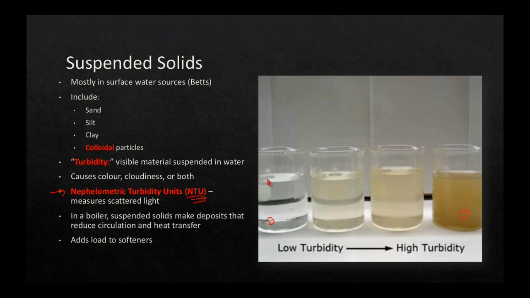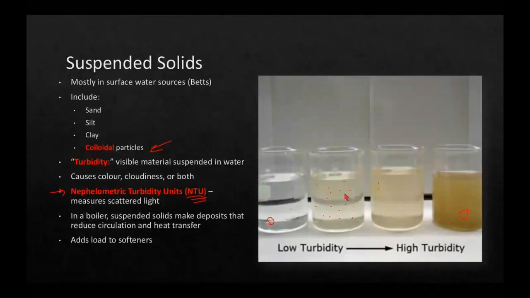So you think, okay, well, look, this stuff here is so fine. This colloidal material that we see dispersed in here that adds the color and the cloud, you think there's very, very little matter there. How is that going to be a problem?